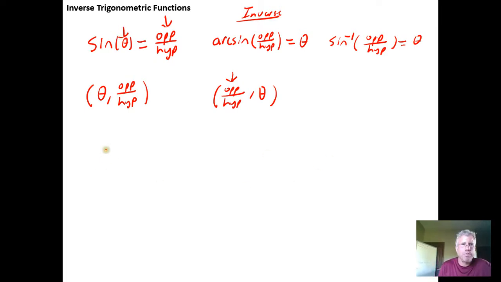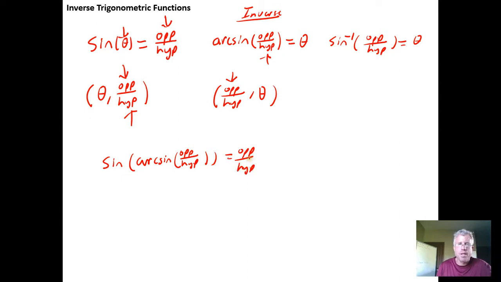And if we're doing function composition, if we feed the inverse function arc sine into the sine function, so there's going to be a side ratio inside of that arc sine function, and the sine function is going to generate as its output the side ratio.